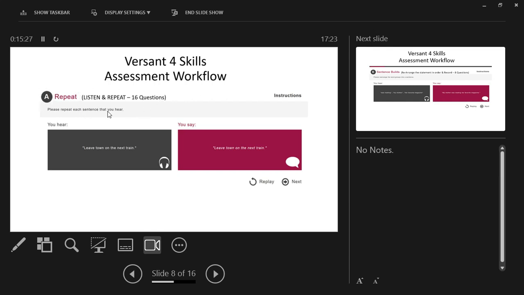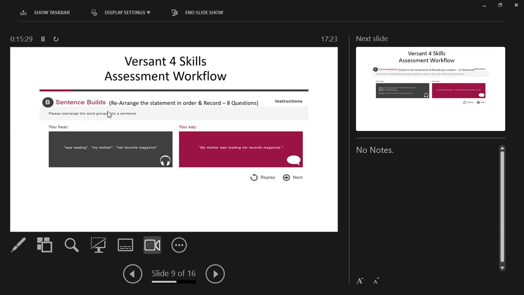Okay. Now the second section in the Versant is sentence building. It is nothing but rearranging the statement or sentence in an order and recording it. And you have 8 questions here. So you hear something like this: was reading my mother her favorite magazine. This is a jumbled sentence.